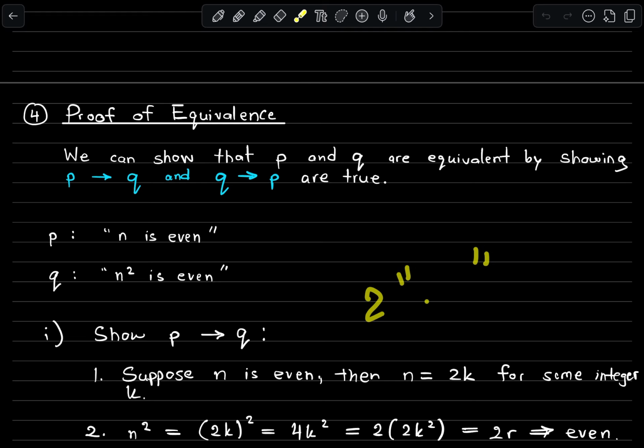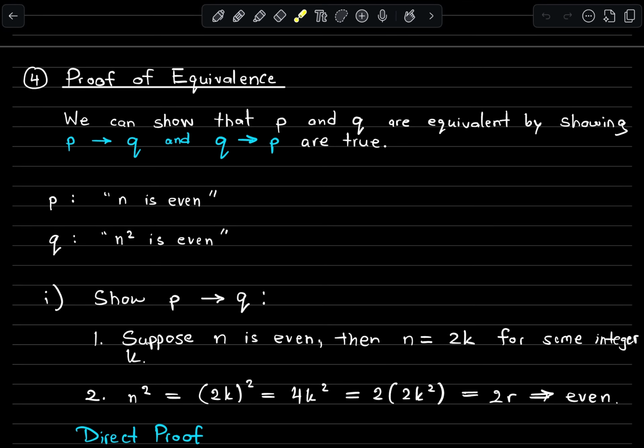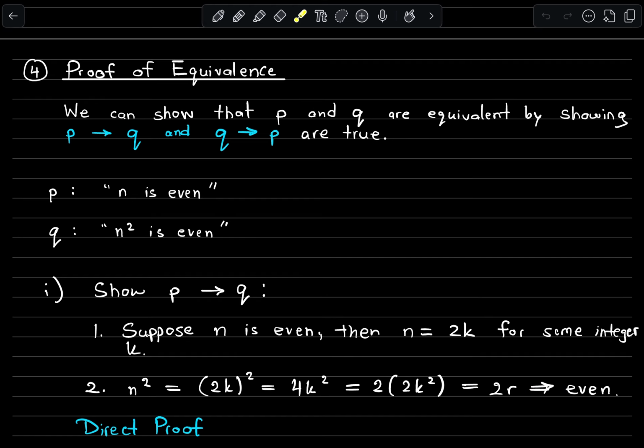To show something is even, we just need to show it's 2 times some integer, right? And 2k squared is, of course, going to be an integer as long as k is an integer. You can replace that 2k squared with r. So we've shown that if n is even, n squared is also even. It's just equal to 2r. Okay, so we've established this first direction by direct proof.